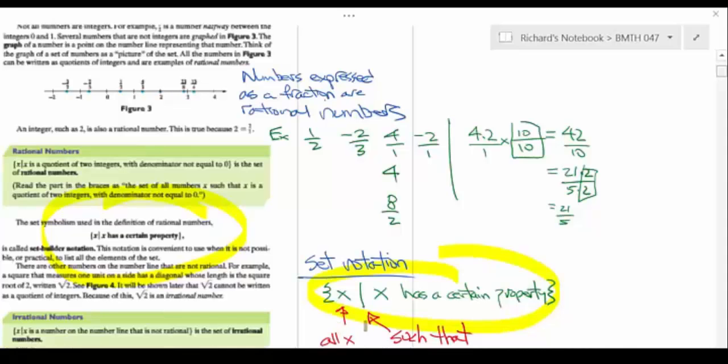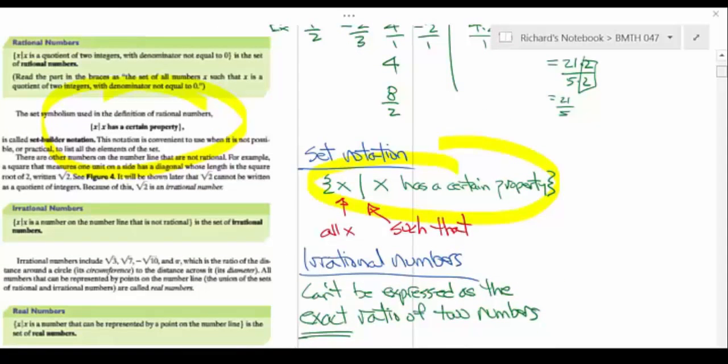The vertical line you read as "such that," and then you read what comes after the vertical line. So this example would be: all X such that X has a certain property. It could be all X such that X is a member of the set of whole numbers, or all X such that X is a member of the set of rational numbers. More about this later when we actually start graphing numbers on a number line.